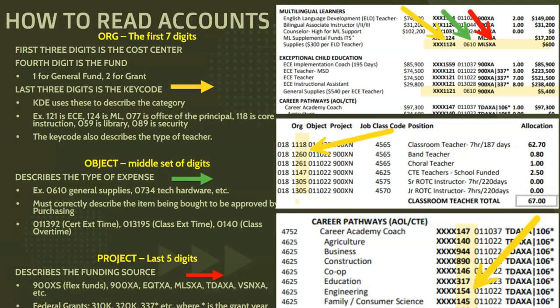So that tells us a story about that account. And then finally, the last 5 digits is the project, which describes the funding source. For example, 900XS and XF refer to flex funds, as well as other projects you see listed here.